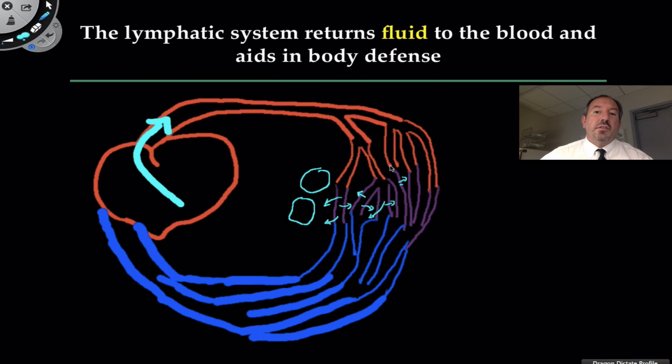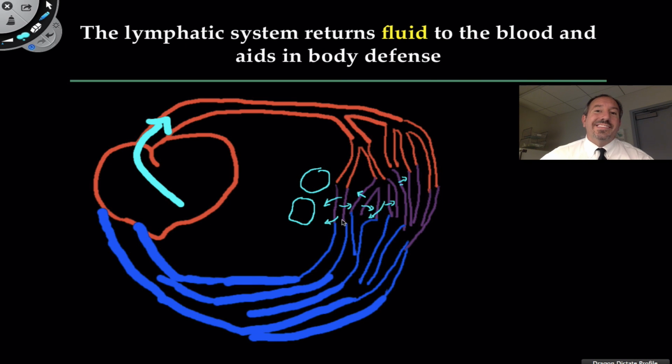Now, the way I've drawn this is that I went from red to purple to blue, suggestive of the fact that one of the things leaving the bloodstream is oxygen, and that is the case. But there's also lots of other things, like, for example, water.